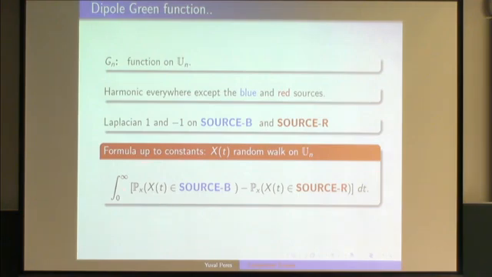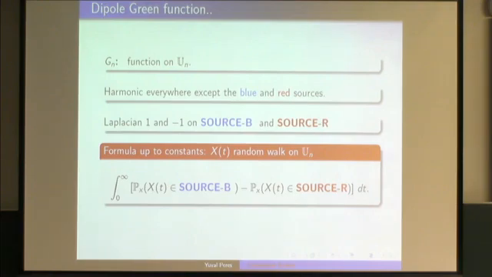Here we're measuring the total time, starting from location x, that a random walk spends in the blue source compared to how long it spends in the red source. Each of these integrals by itself would of course diverge, but when we subtract, because the size of the red and the blue source is identical, the difference between these probabilities goes down to 0 exponentially in time, with some parameters that depend on n and so on.